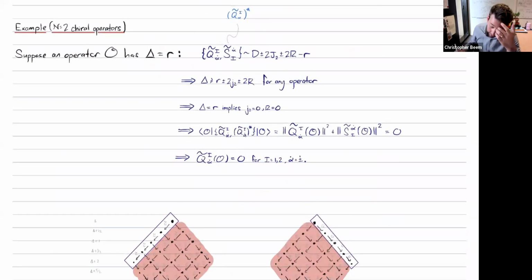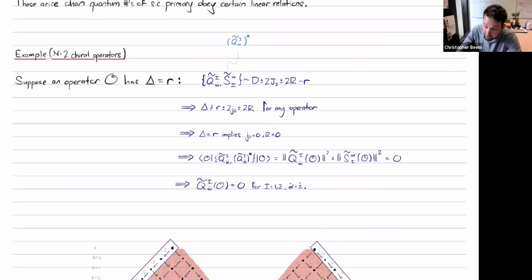The simplest example that most people meet first: if you have an operator whose scaling dimension is equal to its U1R charge, then if you work out a couple of commutators from the N equals 2 superconformal algebra, here's the anti-commutator of Q with its dagger, which is one of the S's. This is the adjoint in radial quantization. You get various combinations of dilatation, spin, SU2R, and U1R charges.